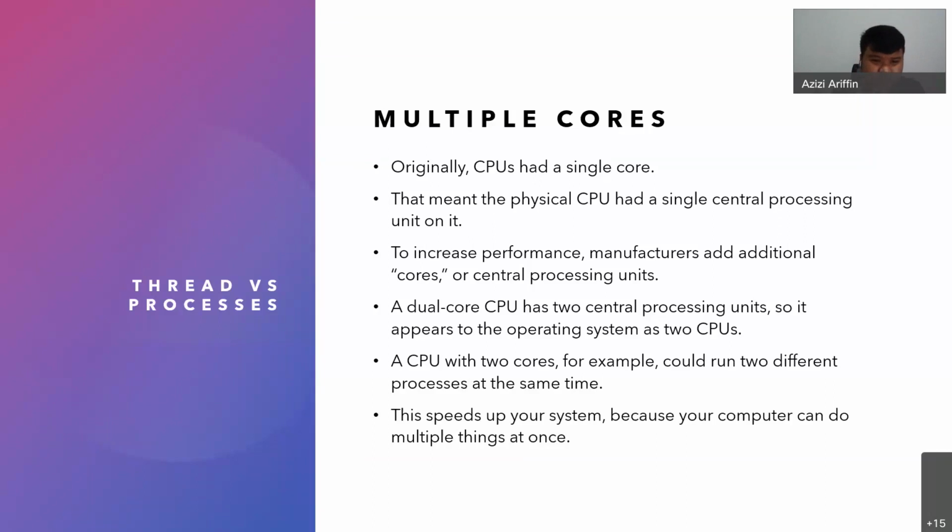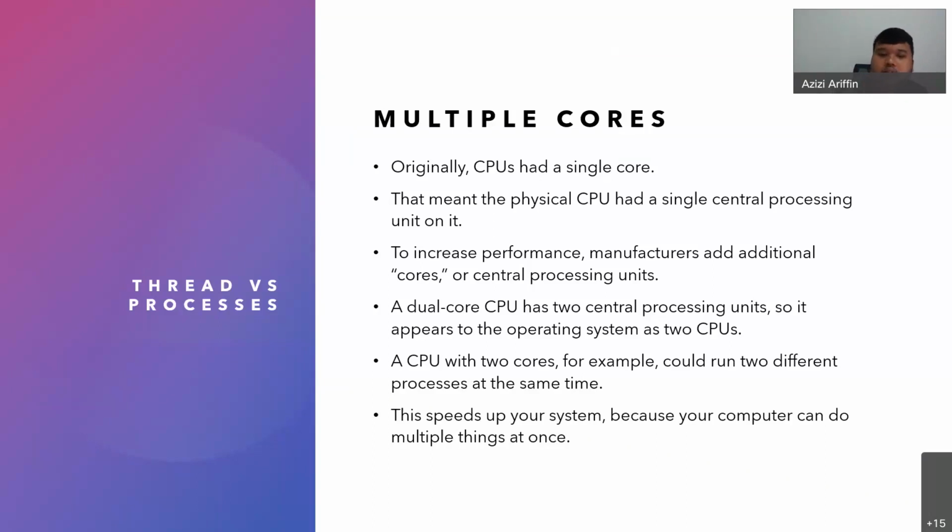Originally the CPU had a single core, meaning the physical CPU has a single central processing unit on it, right? But to increase performance, CPU vendors add additional cores or central processing units.